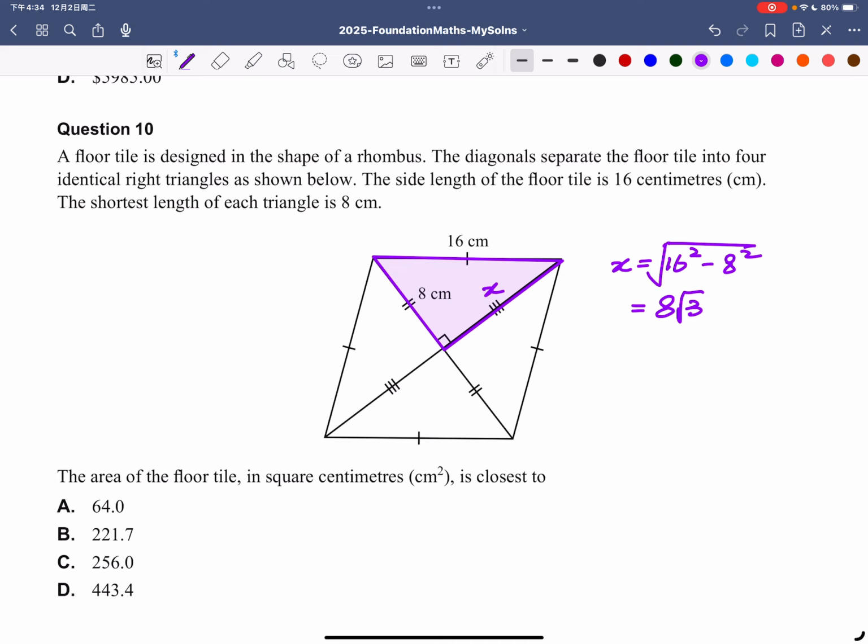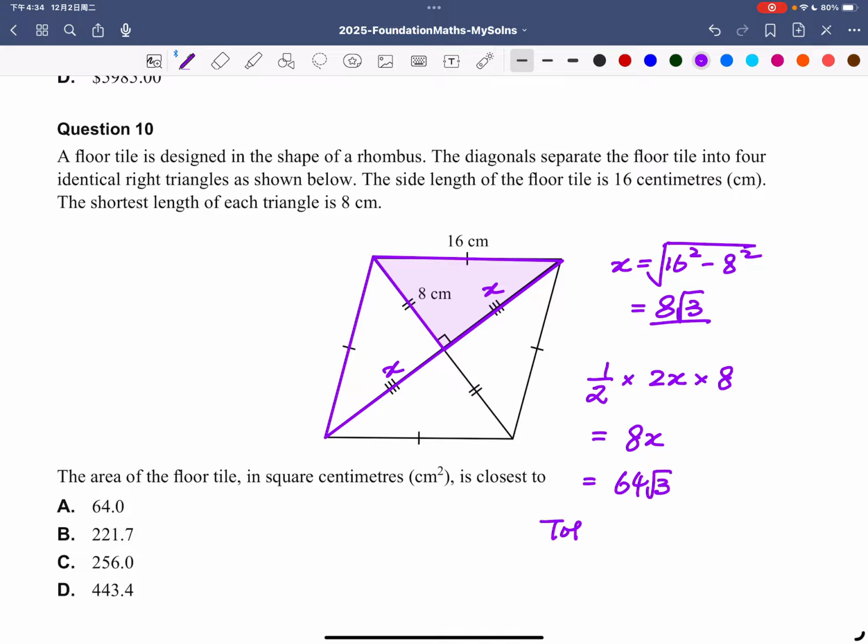And then, because this is also x, we can treat this one as half of the area. Half times 2x times the height 8 gives you 8x, and 8 lots of that is 64 root 3.